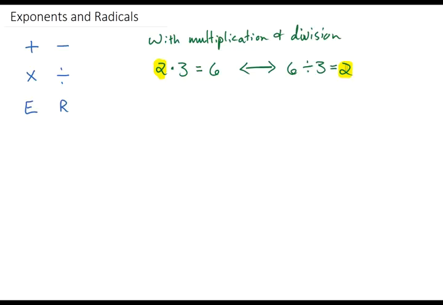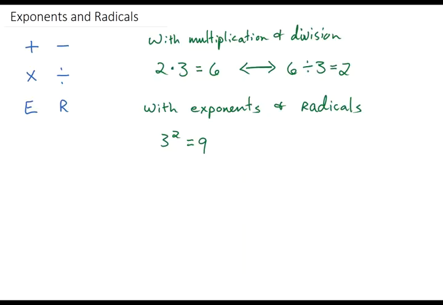Now I'm expecting that you understand this relationship between multiplication and division, and I'm using it to help you see how radicals behave as the opposite of exponents. So let's look at it with radicals and exponents now. With exponents and radicals, we could start with something such as 3 squared equals 9.